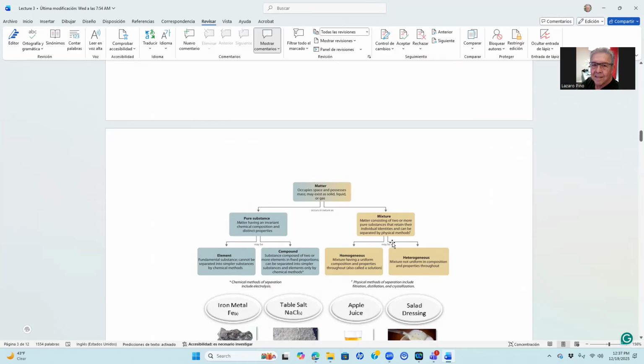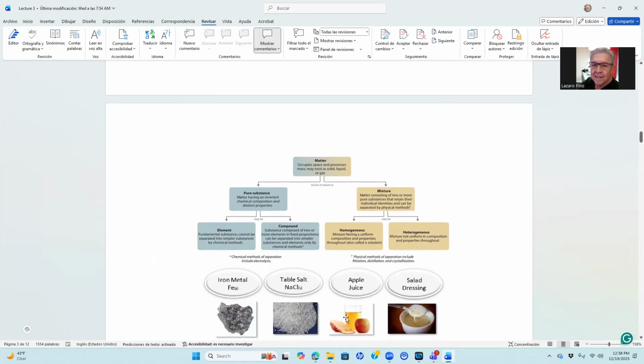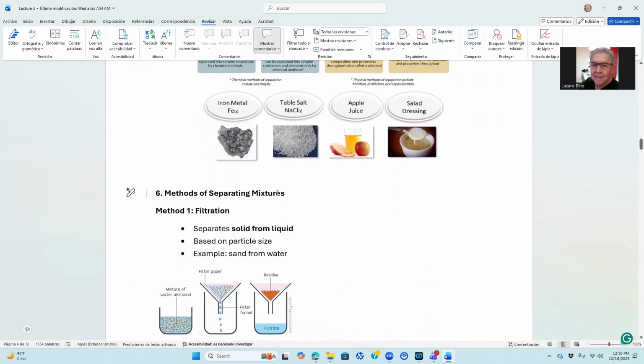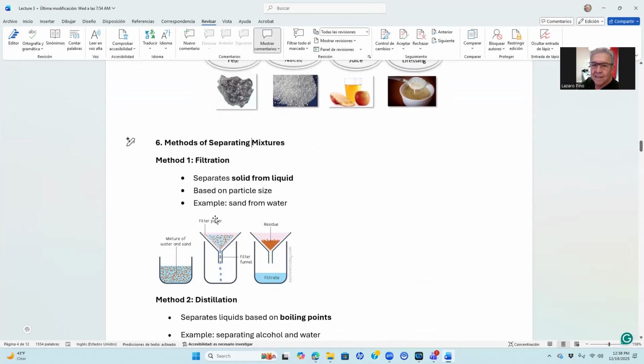And when you have mixtures of different compounds and you can distinguish one from the other, then you are in front of a heterogeneous mixture. But if you don't distinguish one compound from the other, then you are in front of homogeneous mixtures.